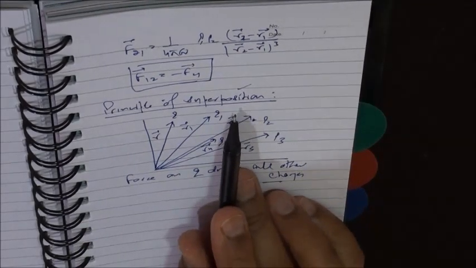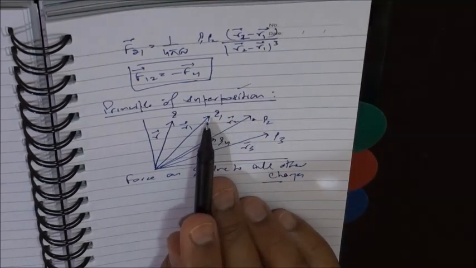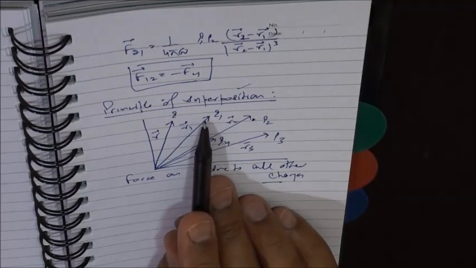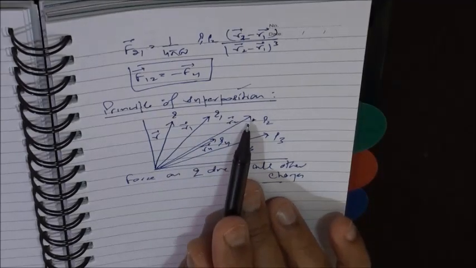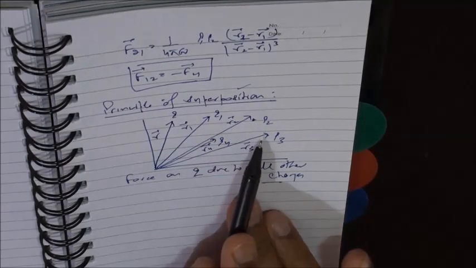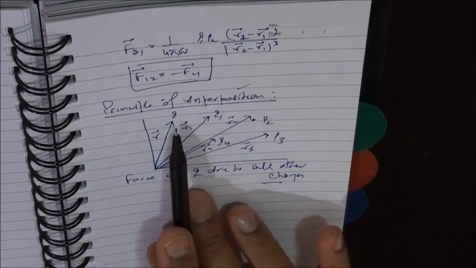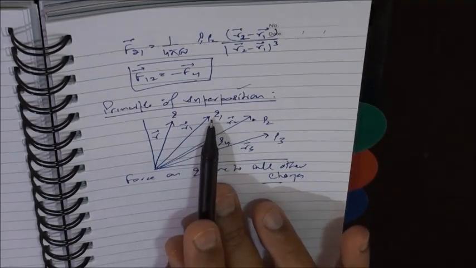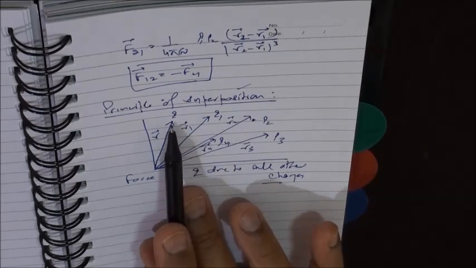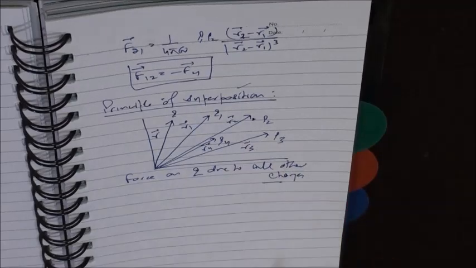The principle of superposition says that the force between Q and Q1 will not be affected by the force between Q and Q2, Q and Q3. So the force on any one charged particle due to any other charged particle is independent of the force on the same charged particle due to many other charges.